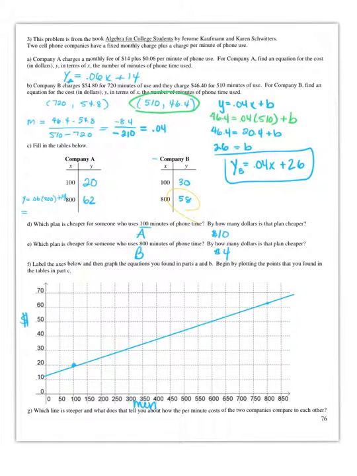Okay, and then I can do the same thing for company B. I'm going to plot the point (100, 30) and (800, 58). Then I'm going to connect those points with a line.